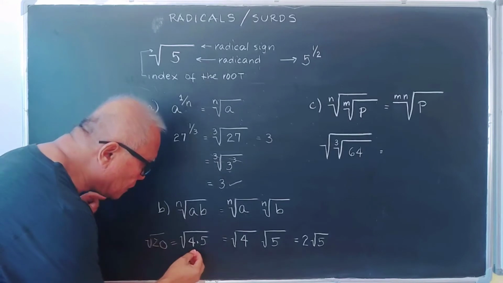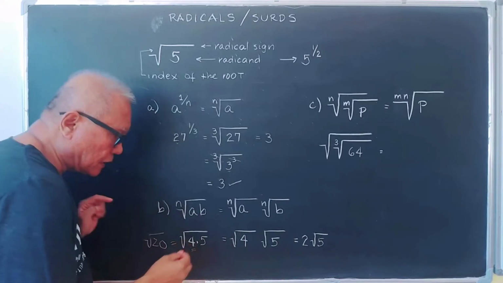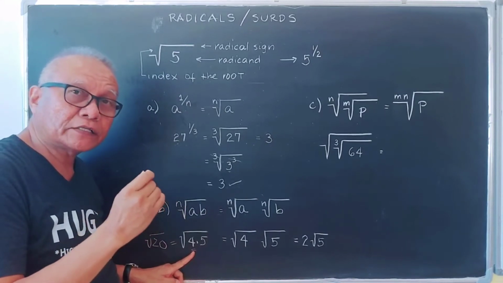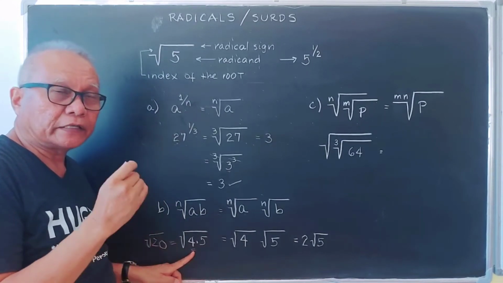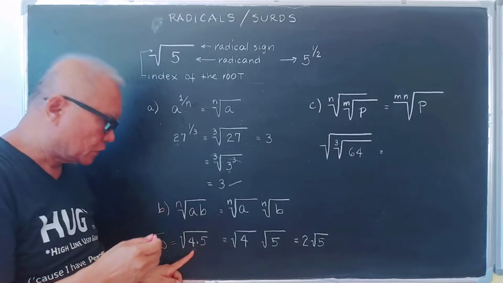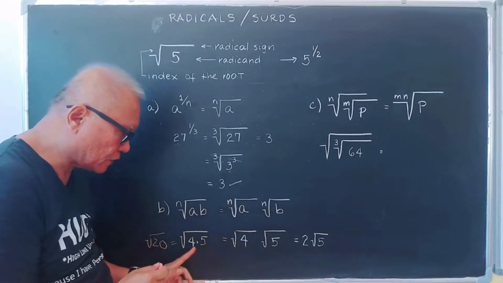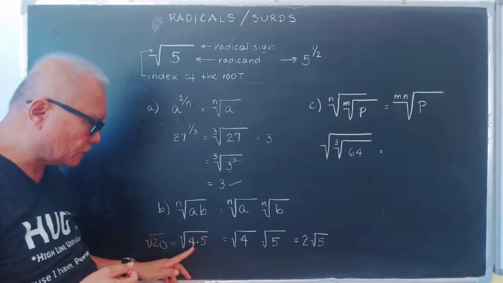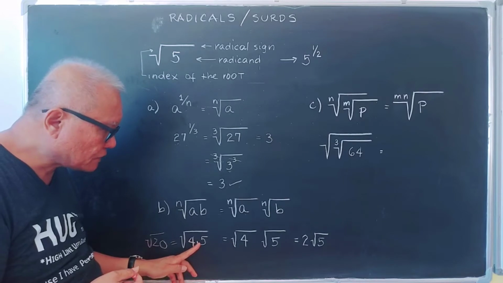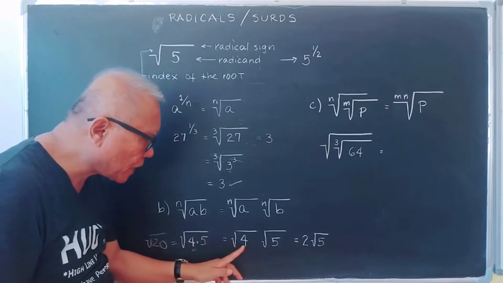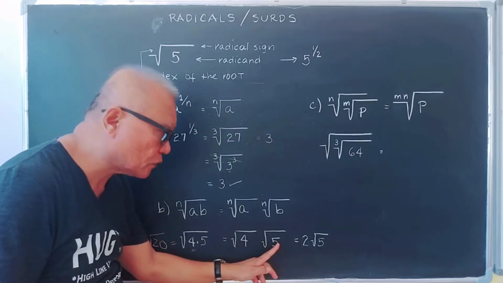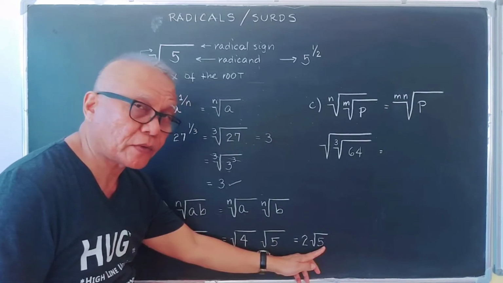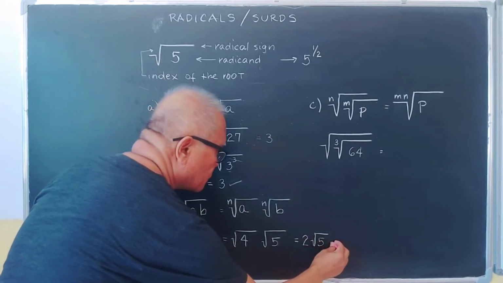Make sure that one of the numbers here is a perfect square number, meaning we have 4, 9, 16, 25, any number that has a square root. 5 is not a perfect square number, only 4. So this 4 times 5 can be written as the square root of 4 times the square root of 5. Then you take the square root of 4, which is 2, and the square root of 5. So our answer is this one.